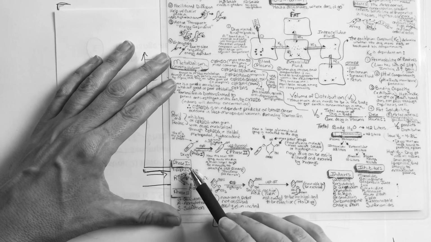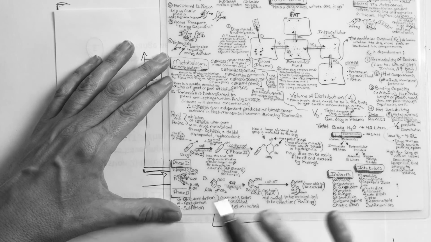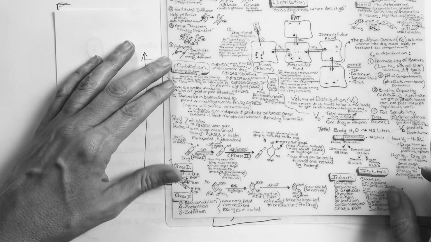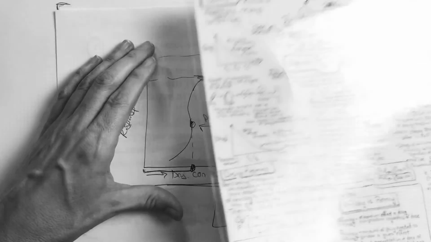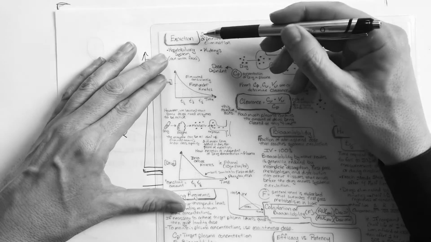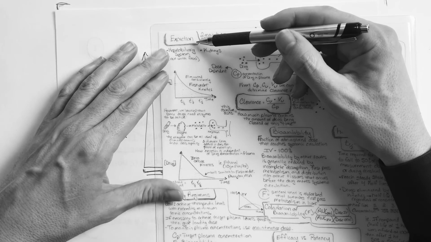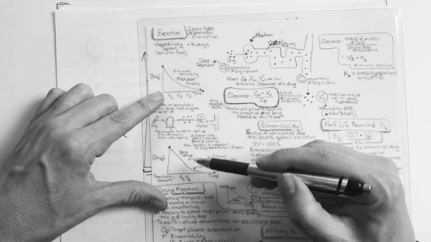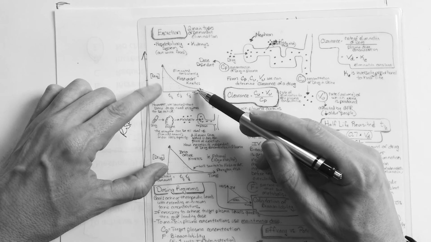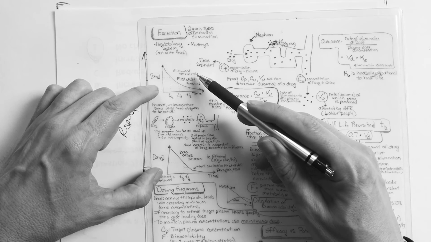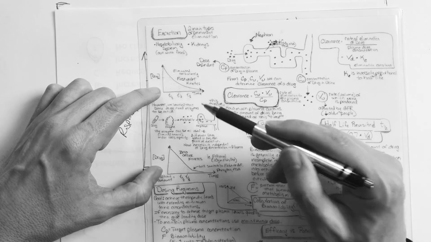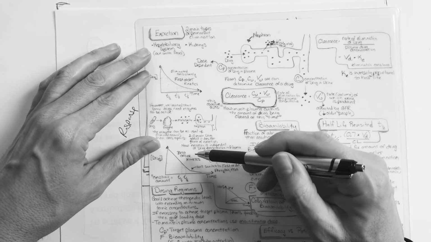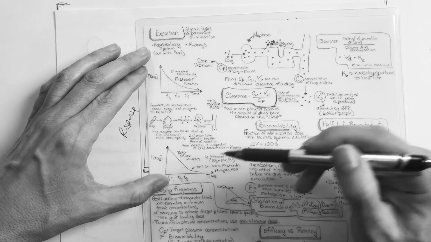We didn't really touch too much on phase 1, phase 2, and I don't want to go too deep into that right now. I'll come up with a question first before we do it. And then we started talking about excretion, and we have first order as well as zero order. And again, first order is consistently, kind of proportionally in my mind, and then zero order is the constant amount.